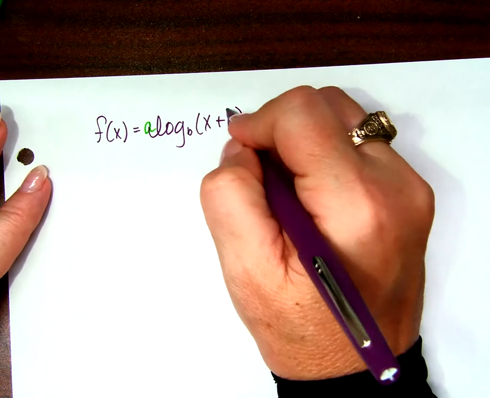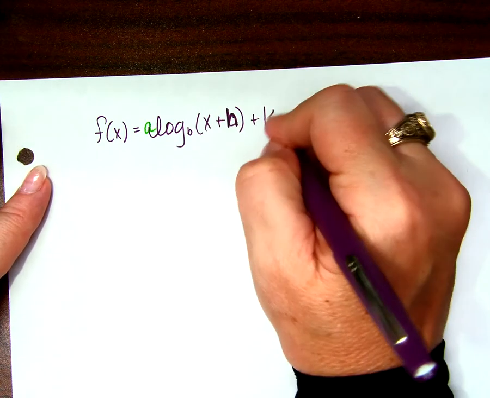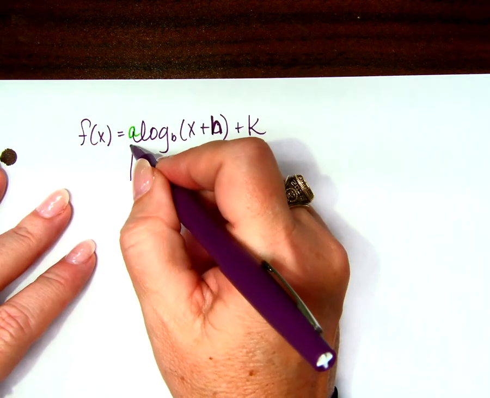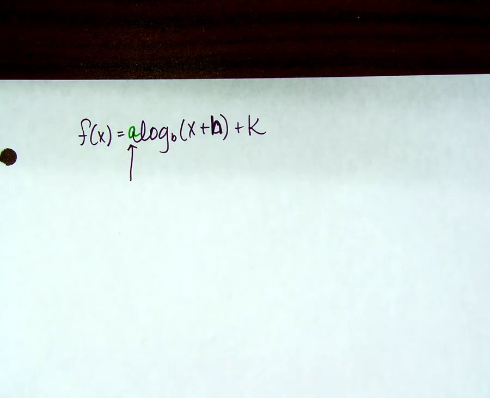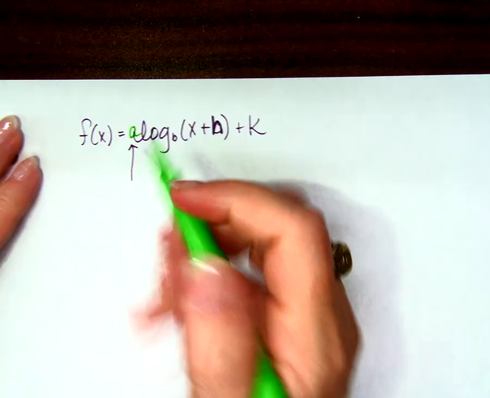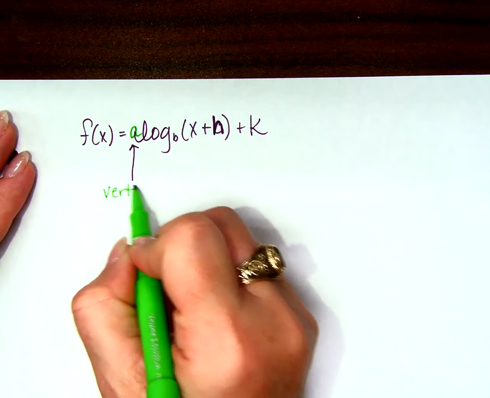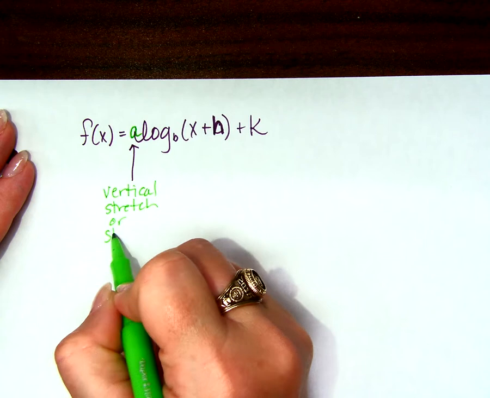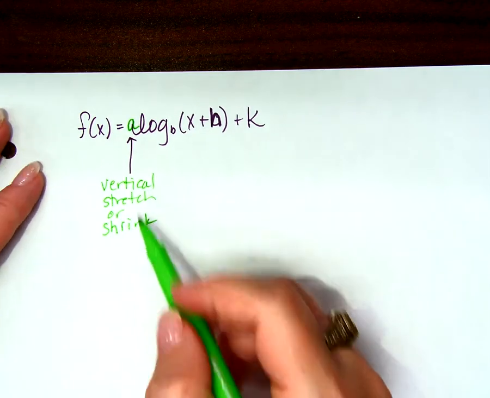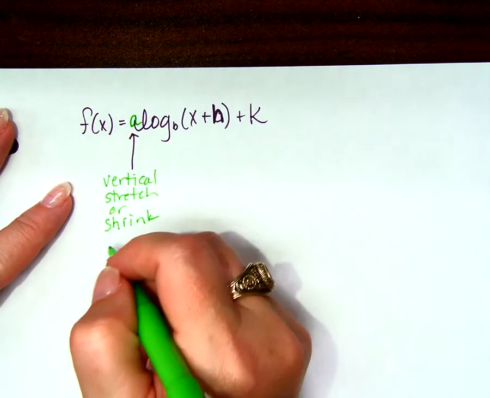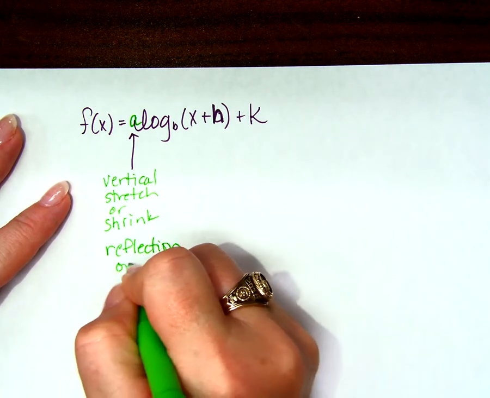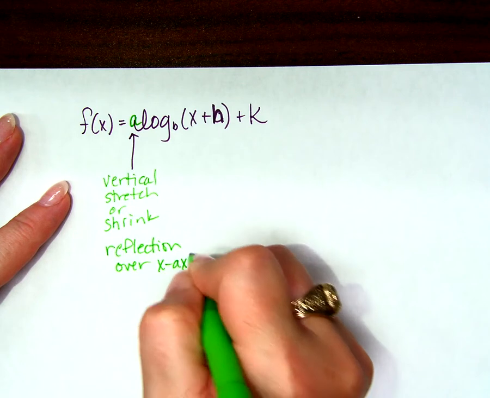I don't want C, I want an H. Pretend that's an H. What does A cause to happen in this transformation? It's a stretch or a shrink depending on the value of A. It could also cause a reflection over the x-axis, depending on the sign that it has.